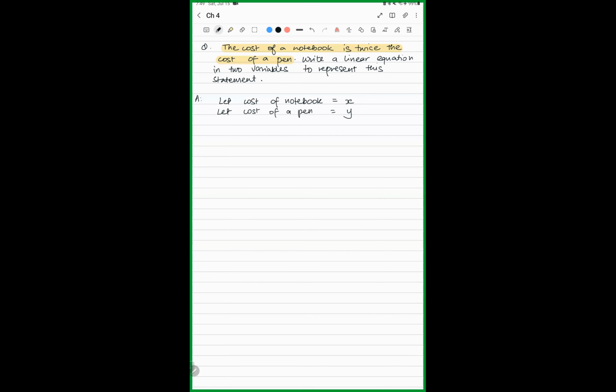Now can someone tell me what will be the relationship between X and Y? How will we write this yellow highlighted portion in terms of X and Y?